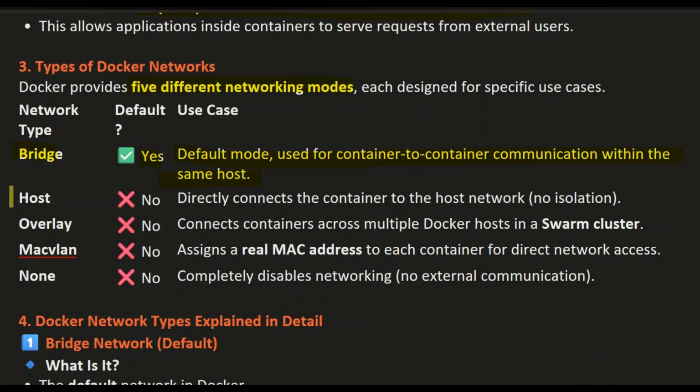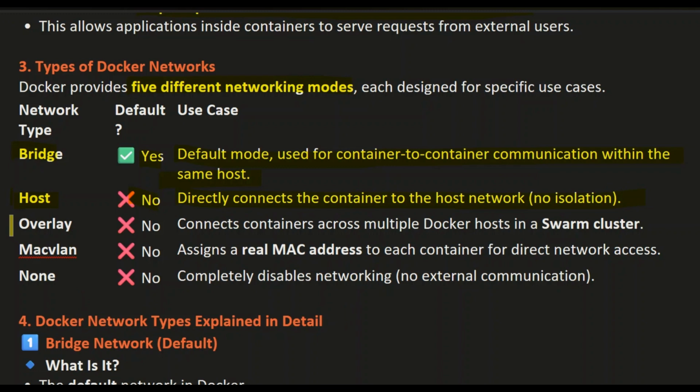Suitable for multi-container applications, e.g., web plus DB. 2. Host network. No isolation. The container directly shares the host's network. No separate IP. It uses the host's IP and ports. Best for low-latency applications, e.g., Nginx databases.